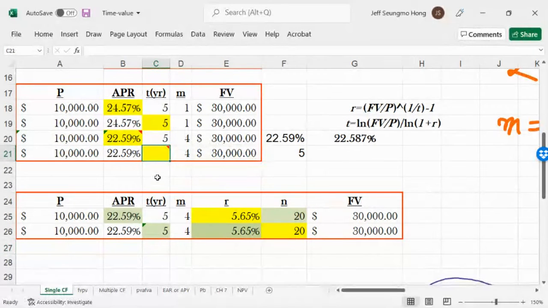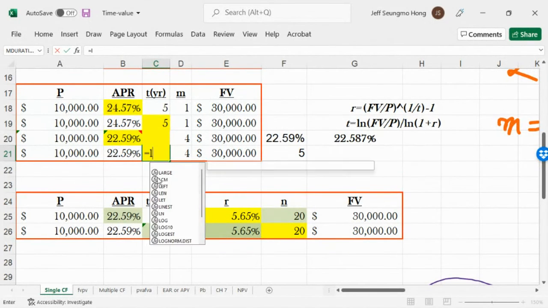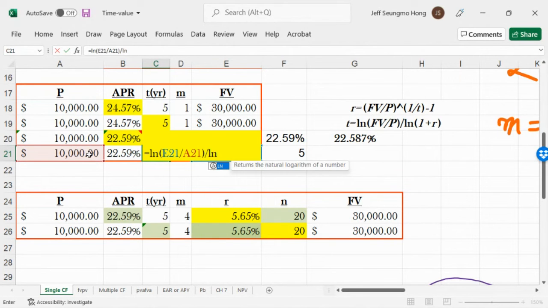So everyone got the same result? Then let's do it this way. This will make it more complicated. Natural log of FV over P, divided by natural log of 1 plus APR, I forgot to put 1 plus APR.